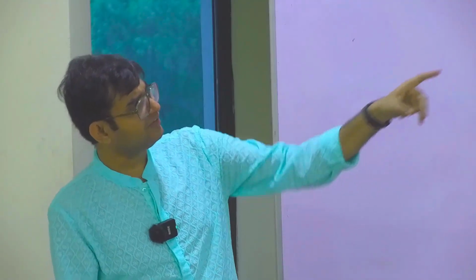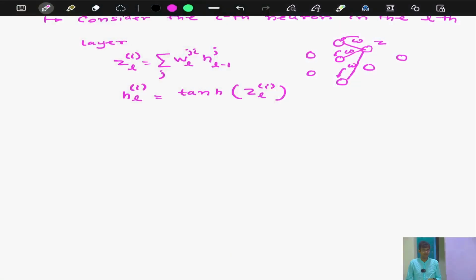Why is H a random variable? H is a random variable because H depends on X. And in my X, I don't have one data point, I have multiple data points. So you can imagine that the data I have is like samples of a random variable. If I start thinking that the data samples I have are samples drawn from a random variable, then my X is a random variable.